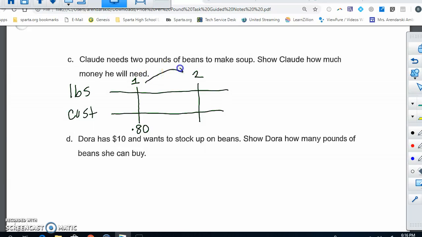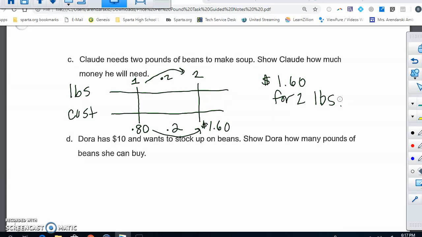Very easy relationship here, times 2. If we use our calculators, we're doing 80 cents times 2, which would give us $1.60. So we're going to write our answer over here. It would cost $1.60 for 2 pounds of beans.